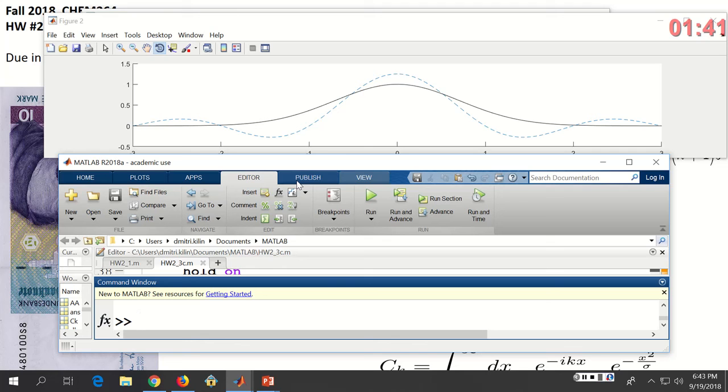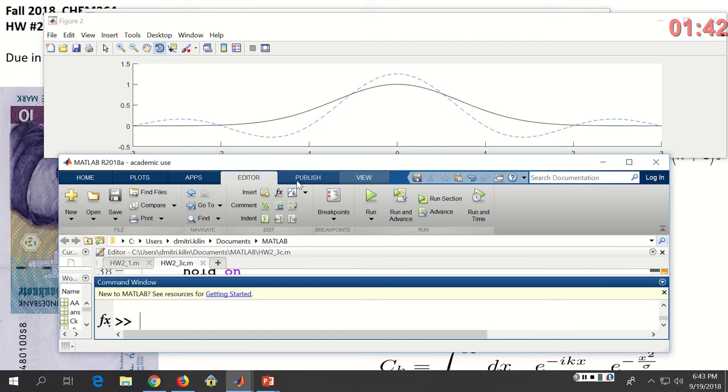So this is the same as the integral dx e to the power minus 1 over sigma naught x squared minus ik times x. We can tell that minus is outside of brackets, and here is just plus between these two terms, right?